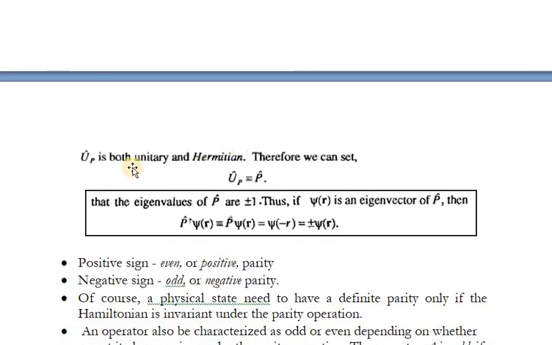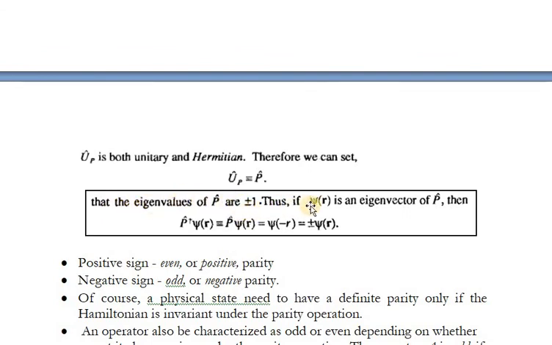Here U is both unitary and Hermitian, therefore we can denote it as P, or in some books you can find the notation capital Pi. Pi or P represents the parity, that is, the eigenvalues of P are plus or minus 1.